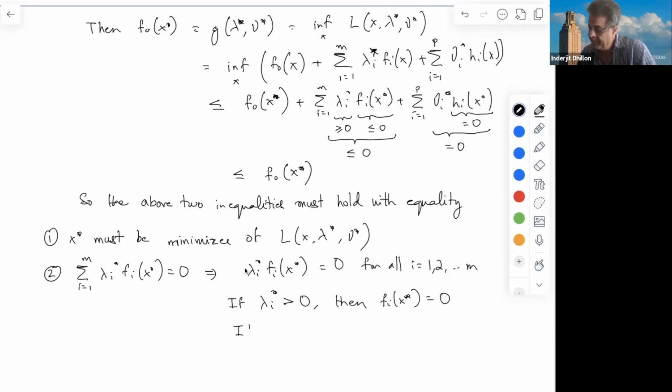Similarly, there are two terms over here, and we've looked at the first one. Suppose this one is strictly less than 0. Then what must happen? The corresponding lambda must be equal to 0.